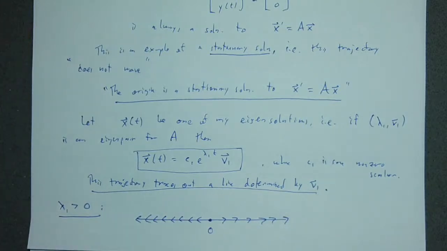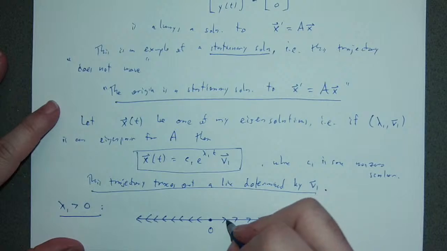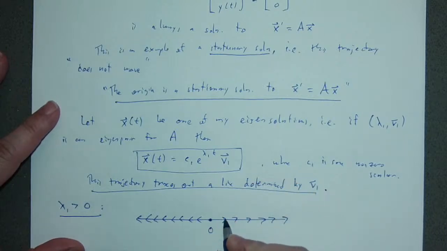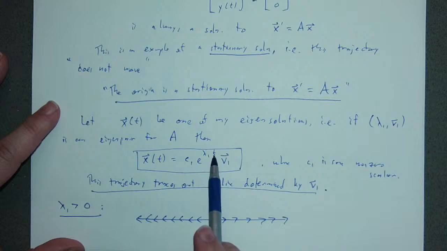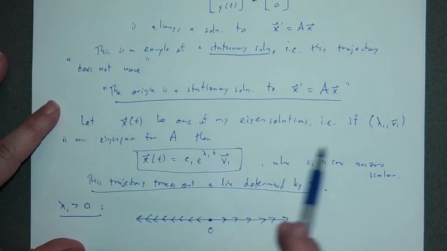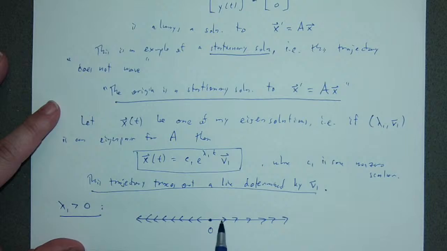What do I mean by that? It means if my initial point lies here, not at 0, then as t goes to positive infinity, I'm going along this line, away from 0, to the right.